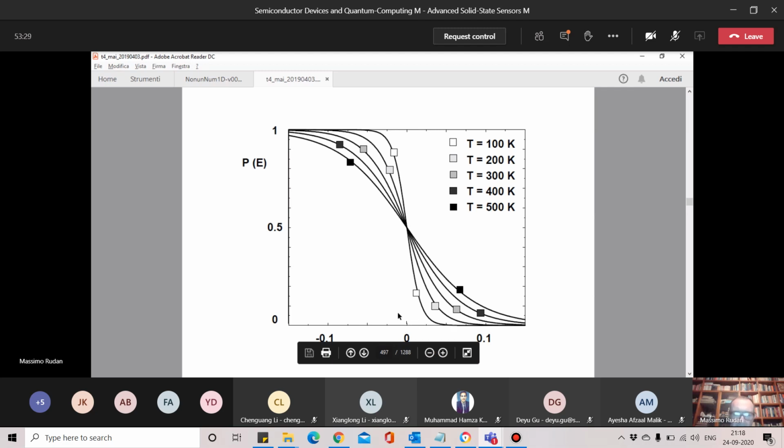So in the limit of temperature going to the absolute zero, T going to 0, the Fermi statistics becomes a box. It is a discontinuous function that is equal to 1 for energy smaller than the Fermi level, equal to 0 for energy larger than the Fermi level, and it will still be equal to 1/2 at the Fermi level.